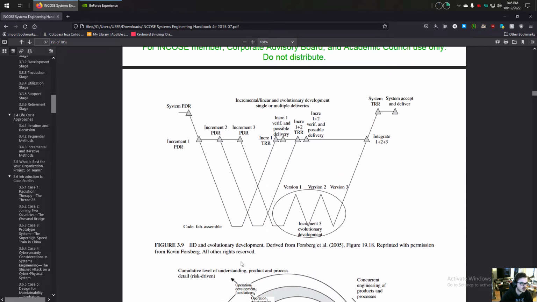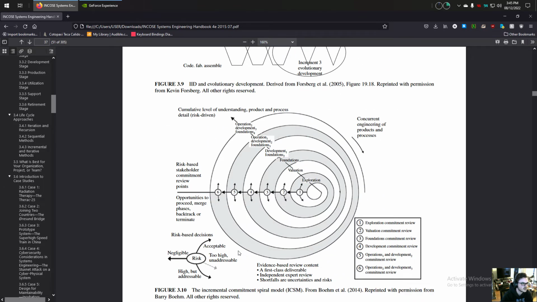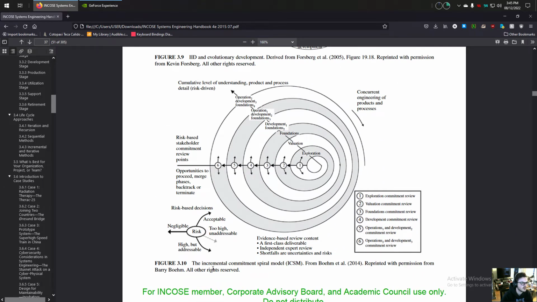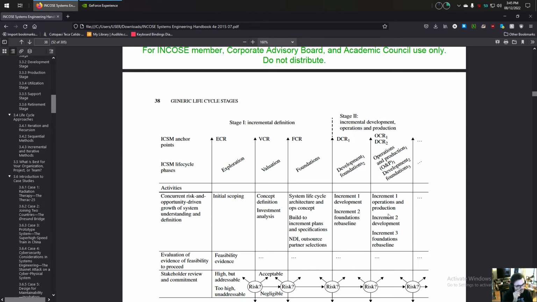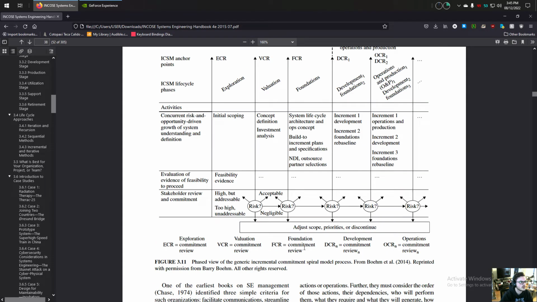And shown here is the IID and evolutionary development. Shown here is the incremental commitment spiral model. Shown here is Figure 3.11, the phased view of the generic incremental commitment spiral model process from Boehm et al.